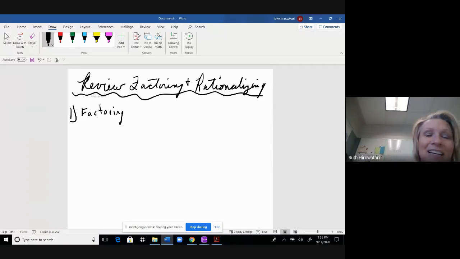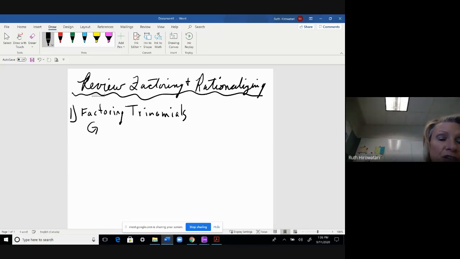Okay, so factoring trinomials. You all remember the vocabulary: trinomial, like a tricycle, means 3. When you're factoring trinomials, this is the order you go in. Always start by looking for a greatest common factor, GCF.